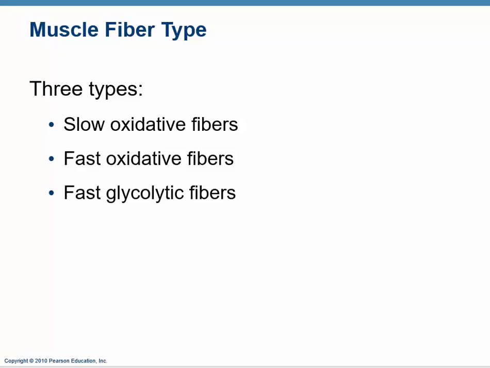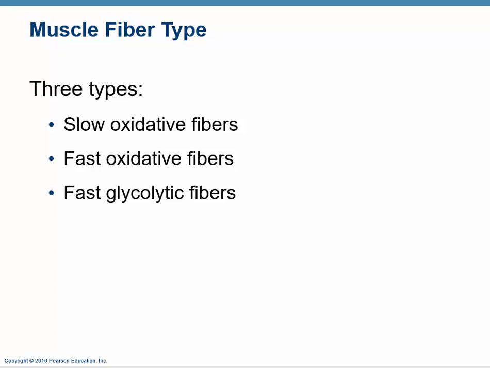So slow oxidative fibers take a while to energize the myosin head. So they use ATP more slowly. And oxidative means that they make a lot of ATP, but it takes time. Fast oxidative fibers hydrolyze the ATP quickly, but they primarily use oxidative techniques. But they're going to fatigue a little bit quicker.